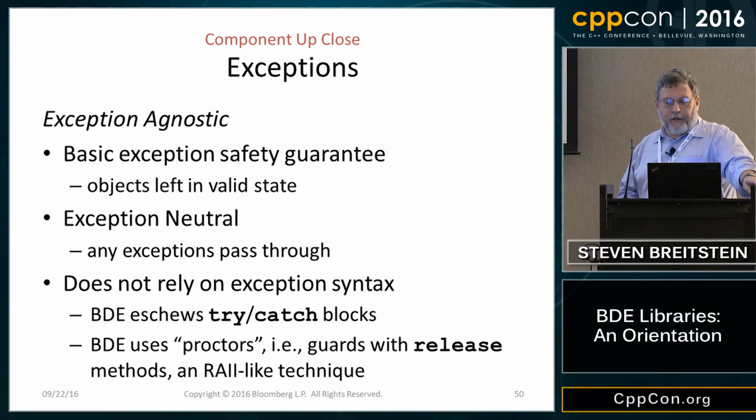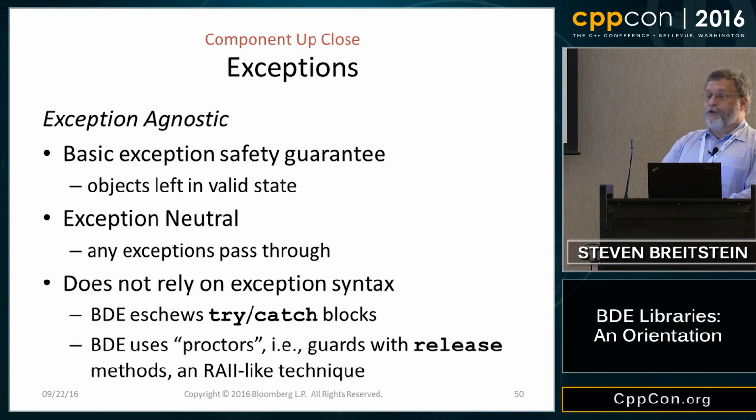Regarding exceptions, exception agnostic is a term that encompasses several things. One thing you get out of exception agnosticism is the basic exception safety guarantee. That is, in case an exception is thrown, the object will be left in a valid state.